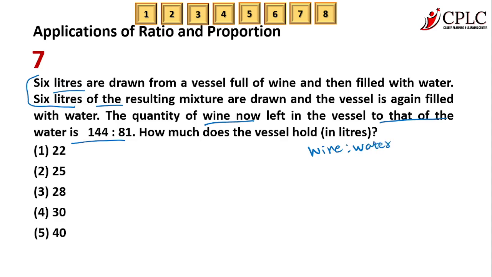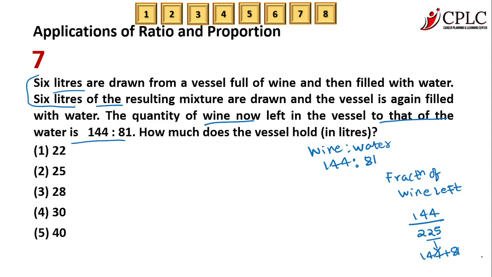But folks, if you remember, we need the fraction of wine that is left. And again, this will come from the concept of ratios. So from the ratio, how do we find out the fraction? Fraction means out of total, whatever is the component. So wine is 144 and total is 225, because 144 wine and 81 water, if we add both of them, we get 225, as the fraction of wine left.